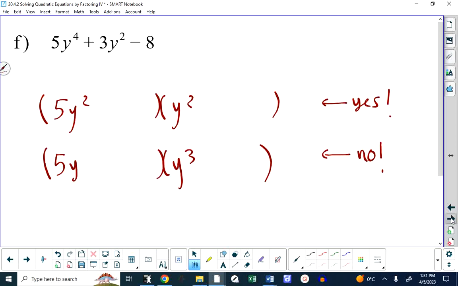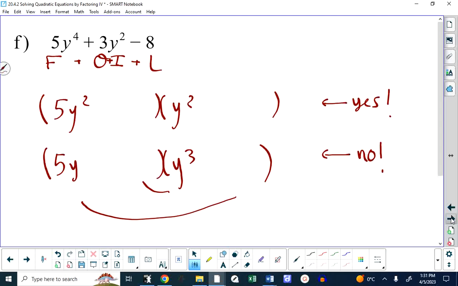Right. When you do the inner and the outer, this is always the first, this is always the last, and this term comes from the outer and inner added together, right? But if I do this and put numbers in the other places, my outers will be y's, my inners will be y cubeds. That's not y squareds.